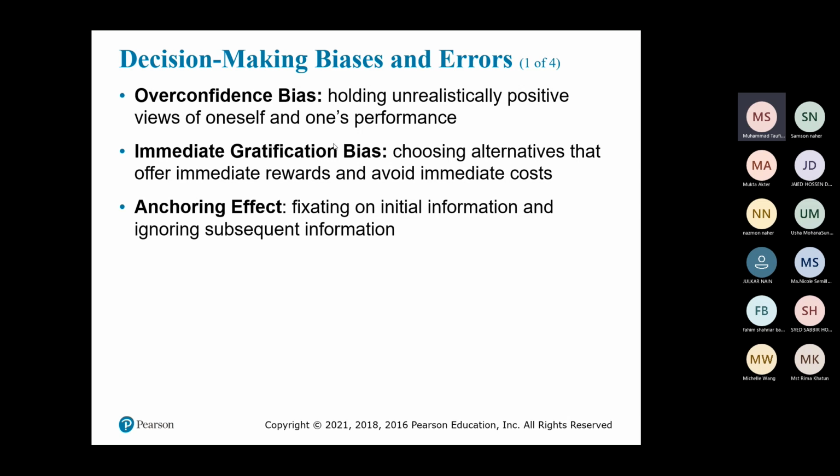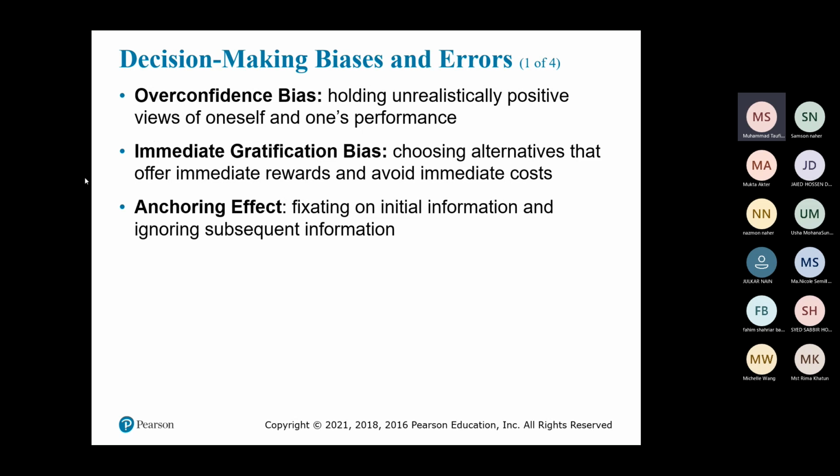It means that you are very positive that you can solve the problem, but when you try to solve it, you may encounter another problem because you don't have enough capability. So that is the first error or mistake that a decision maker can make. You can be overconfident about your capability to solve the problem. That is the first mistake.